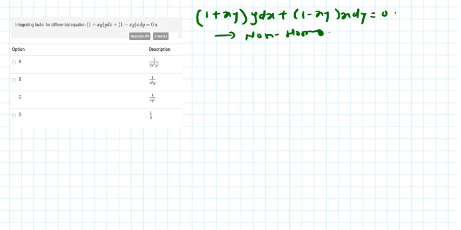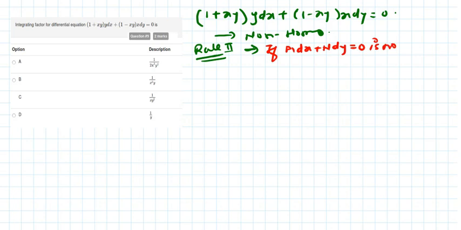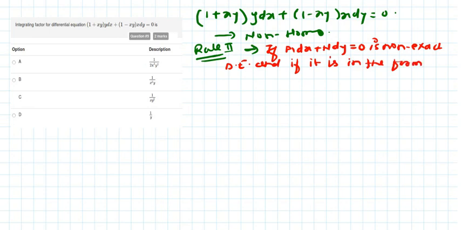So what is rule number 2? To find the integrating factor, if m dx plus n dy equal to 0 is a non-exact differential equation, and if it is in the form, this is important, which form?